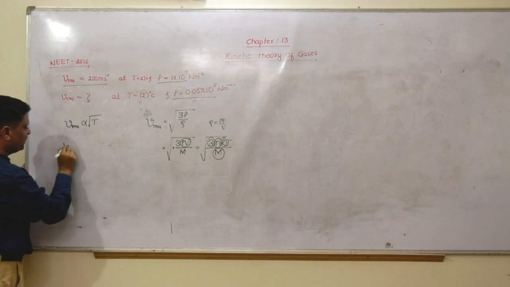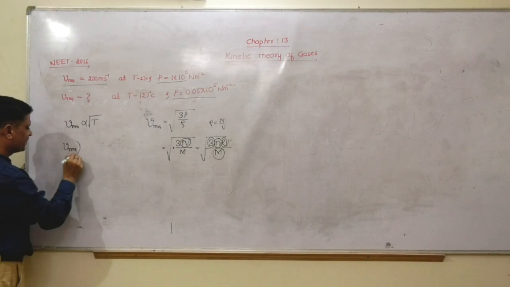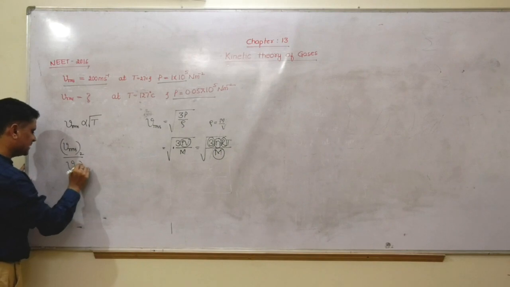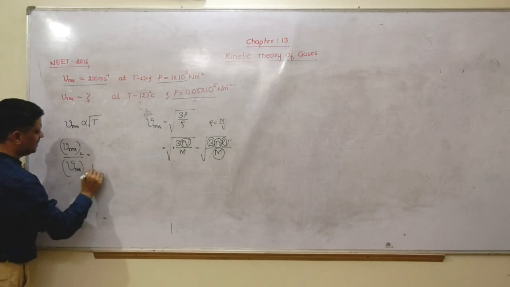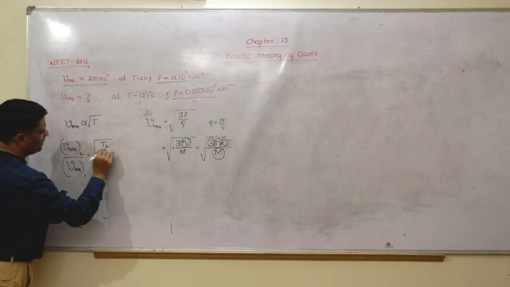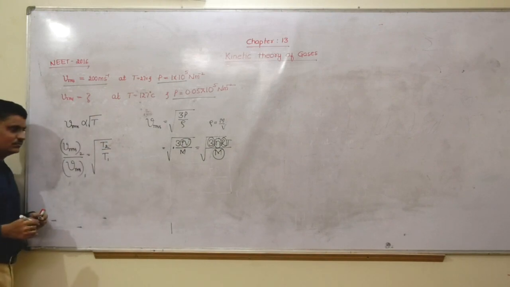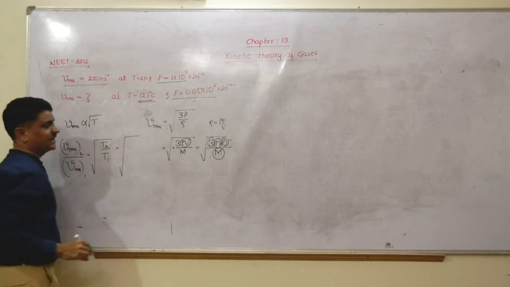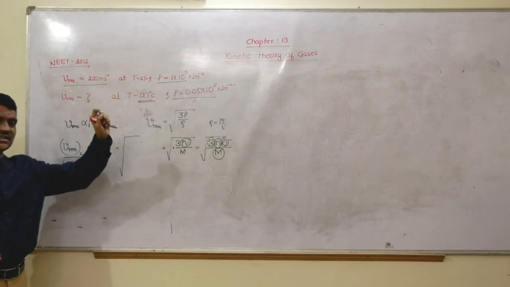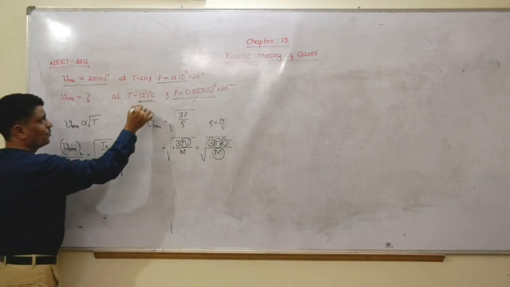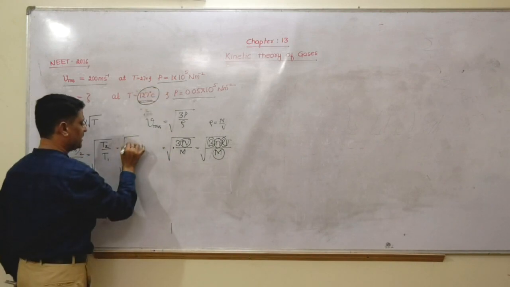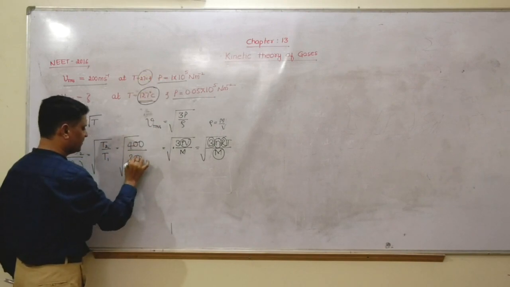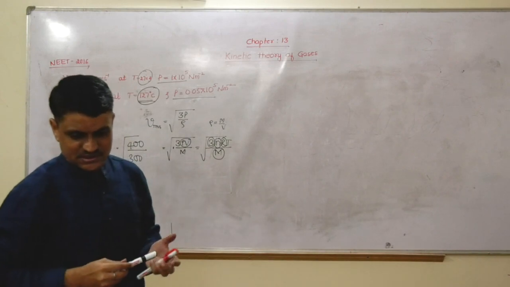Hence say VRMS in the second case divided by VRMS in the first case is equal to under root of T2 divided by T1. Right? Now you can substitute and simplify. T2 means temperature in the second case. As you know, we should convert this into Kelvin. 127 degrees Celsius means it is 400 Kelvin. 27 degrees Celsius means it is 300 Kelvin. Hope you can simplify yourself.